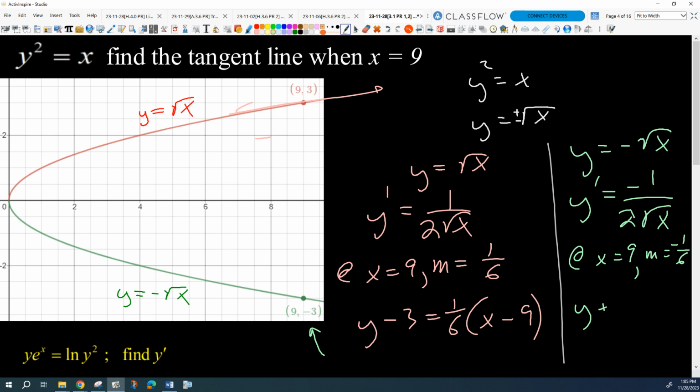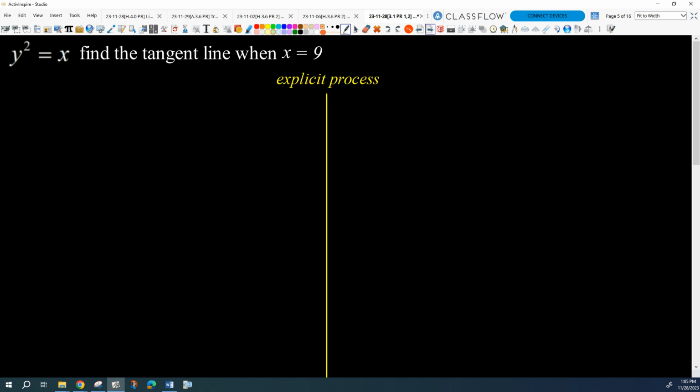So y plus 3 equals negative 1/6 times x minus 9. I get two lines, and that's this other tangent line right there. Okay? Make sense?